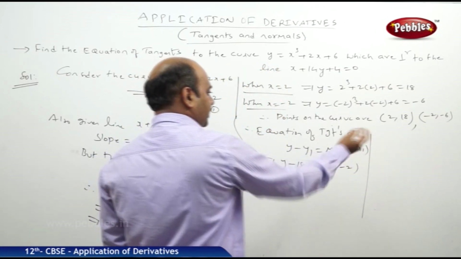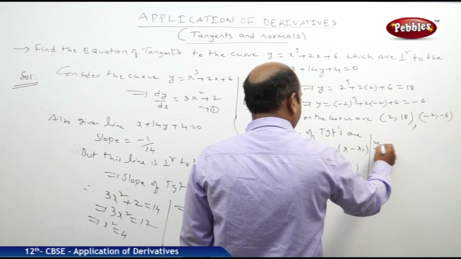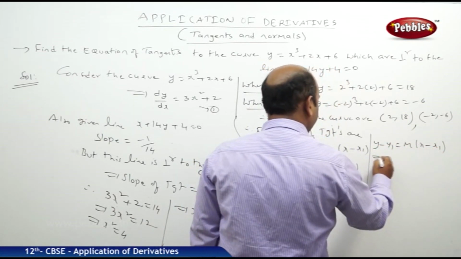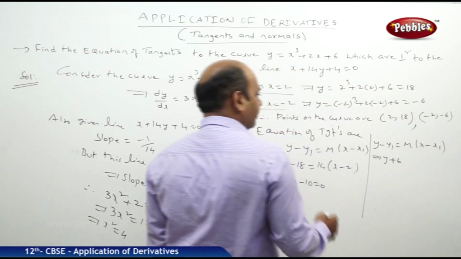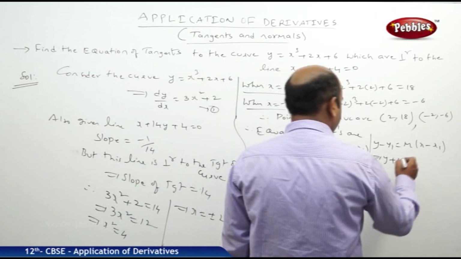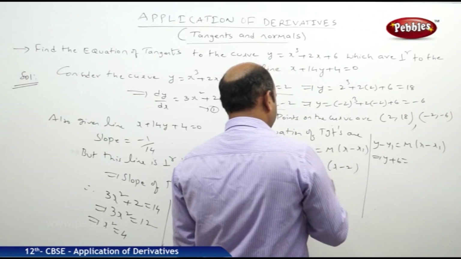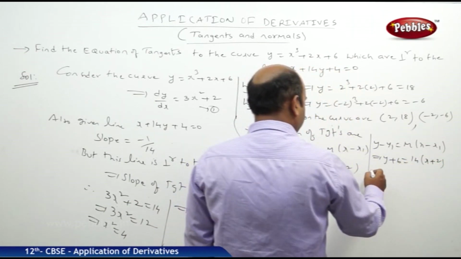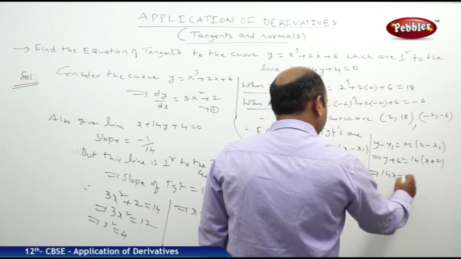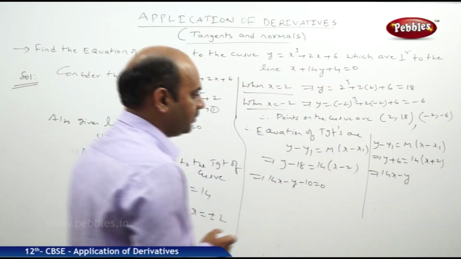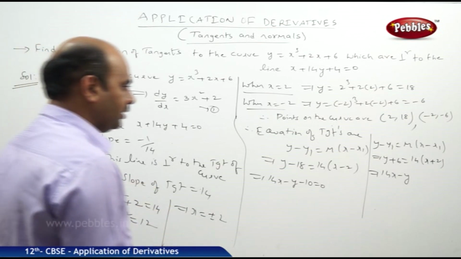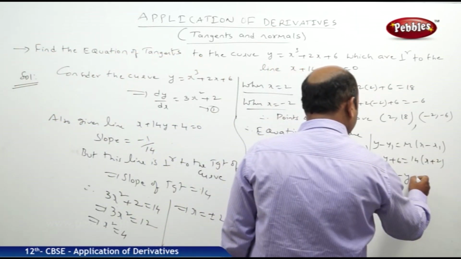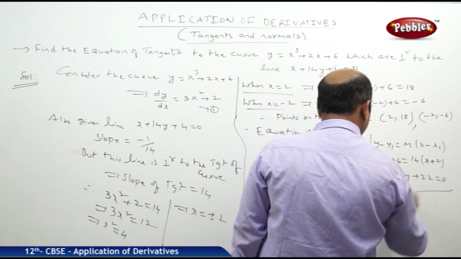And for another tangent, y minus y1 is equal to m into x minus x1, the same formula. In place of y1 is minus 6, so y plus 6 is equal to, in place of m, 14 into x plus 2. So finally 14x minus y, 14 into 2 is 28, 28 minus 6 will be 22. So plus 22 equal to 0.